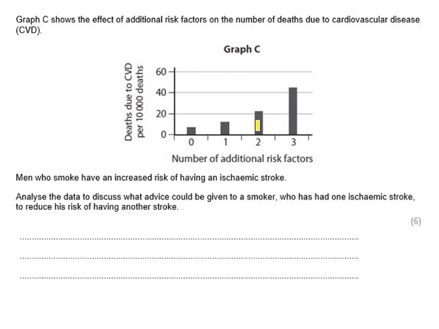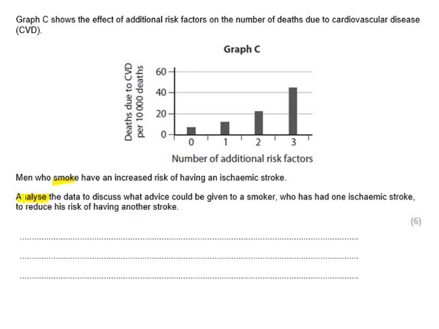So the more risk factors you have, so things like being male, being older, high stress levels, smoking, high salt diet, eating a diet that's high in cholesterol, that makes you more likely to die of cardiovascular disease. Men who smoke have an increased risk of having ischemic stroke. Analyze the data to discuss what advice could be given to a smoker who has had one ischemic stroke already to reduce the risk of having another stroke.